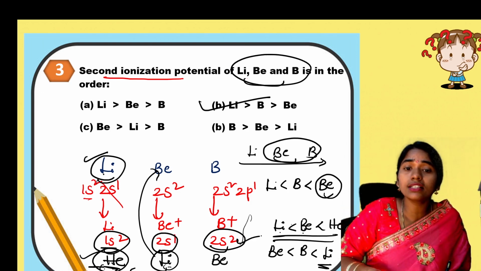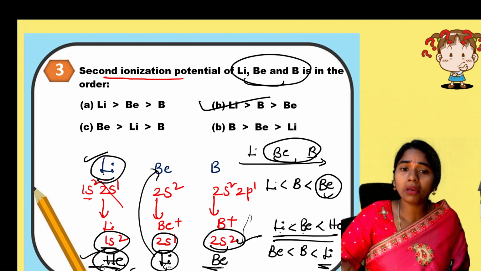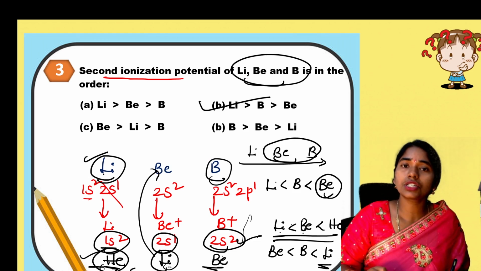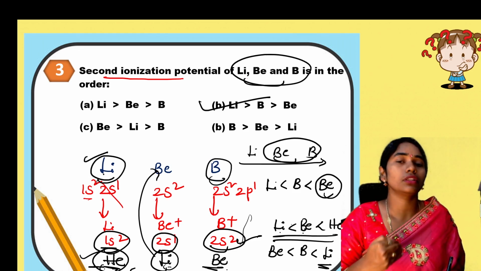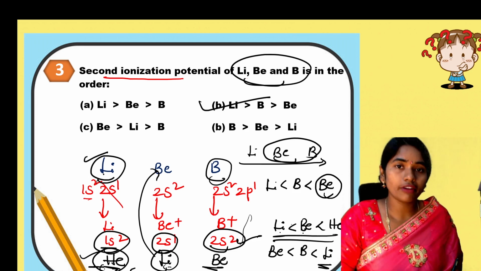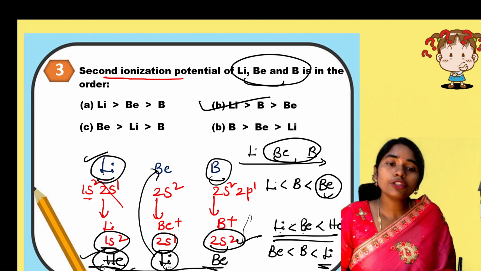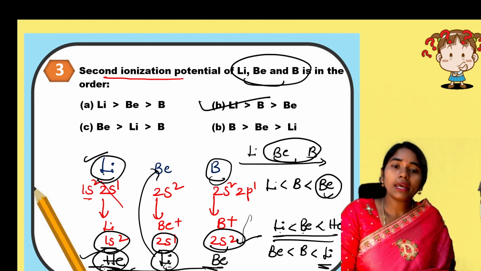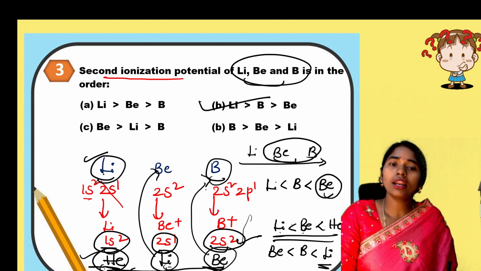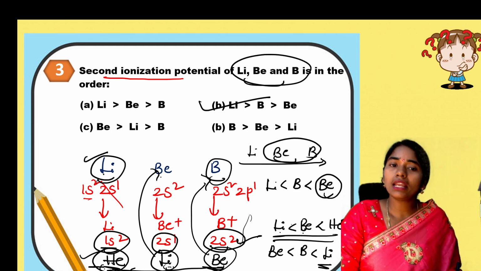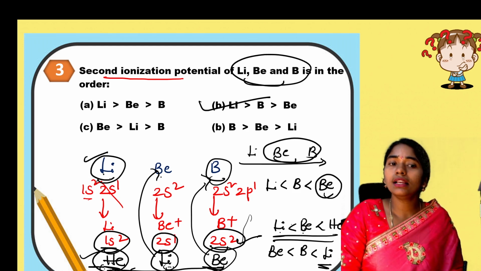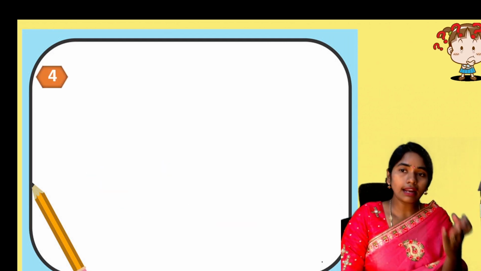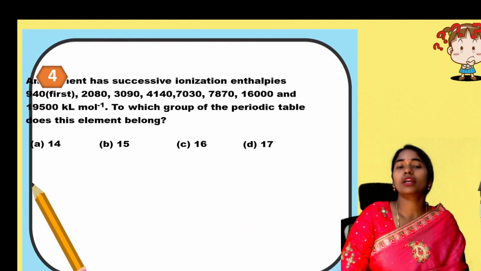This configuration is like beryllium; actually it is not beryllium, this is the boron configuration for second ionization energy, but you compare it with the beryllium configuration. So what elements do you get here? Make a general trend, and later on: beryllium means it is boron IE2, lithium means beryllium IE2, helium means lithium IE2. Based on that, you arrange it, and you can solve that kind of trend question very easily.